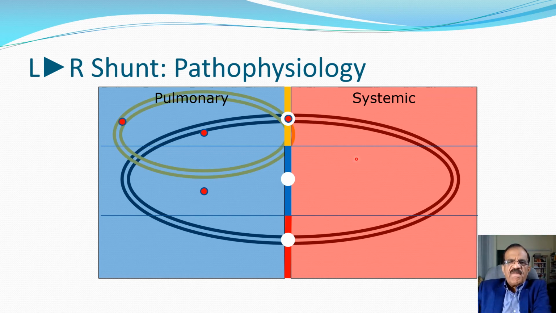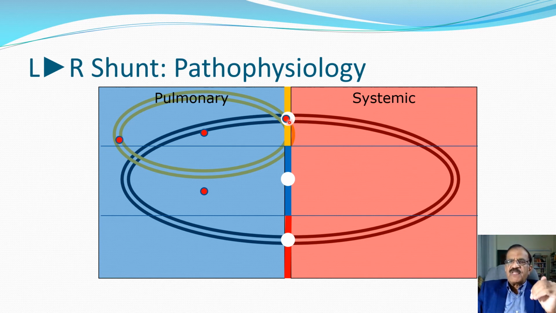Now, if there is a defect here in the intra-atrial septum, then some blood goes to the systemic circulation, but some blood will be reverted back from the left atrium. Instead of going to the left ventricle, it would go to the right atrium. Why would it do so? Because there is a shunt. Why would it go from left to right?